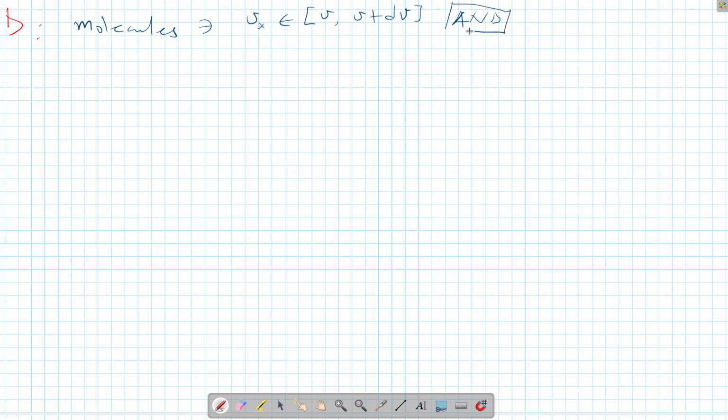We're going to use the probability rule, and we want molecules that are traveling relative to some specific direction. The angle which they subtend with respect to that direction, if we call it theta star, the values of this theta star should be between theta and theta plus d theta. So the key point is this "and", which is very easy.